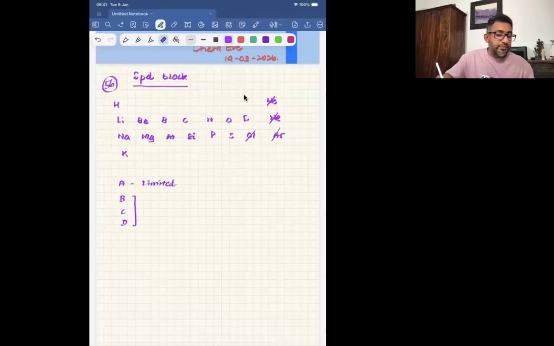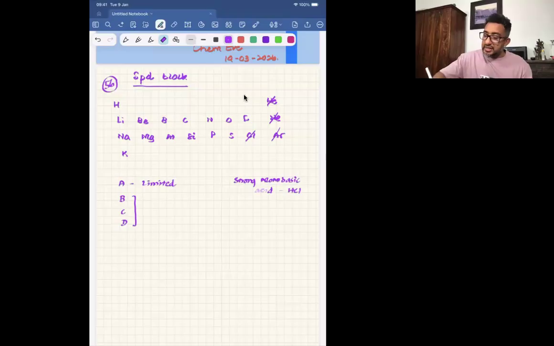A, a compound with a covalent network structure. Covalent network structure is formed. And a strong monobasic acid. So if it is a chloride, definitely the strong monobasic acid is HCl.